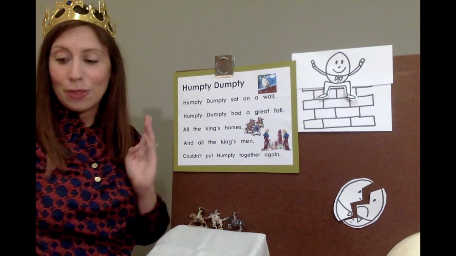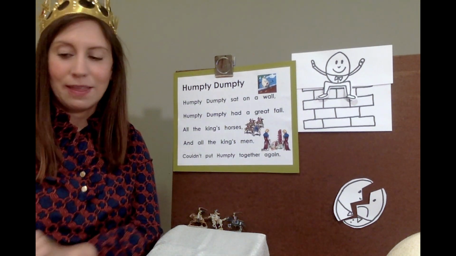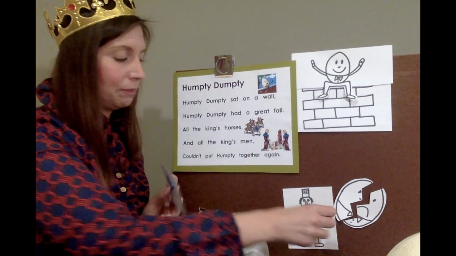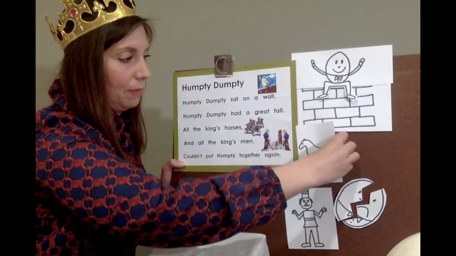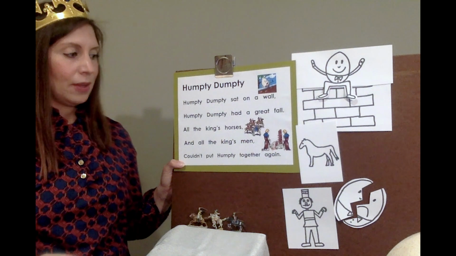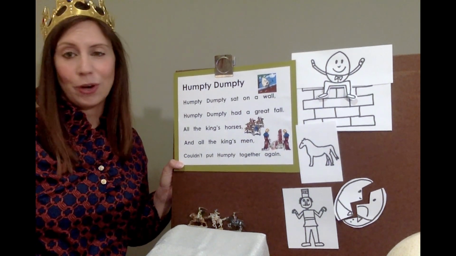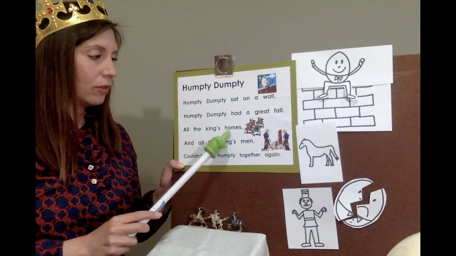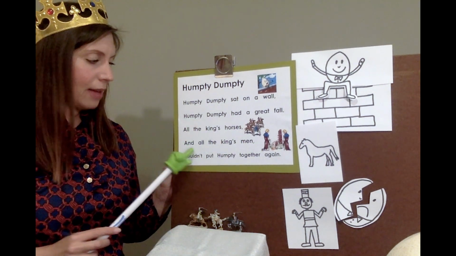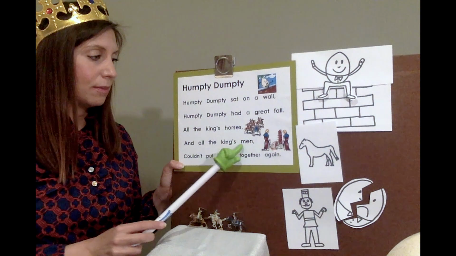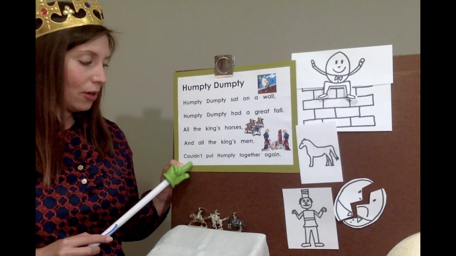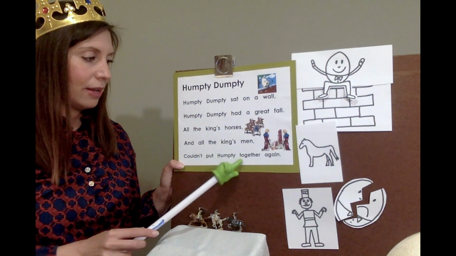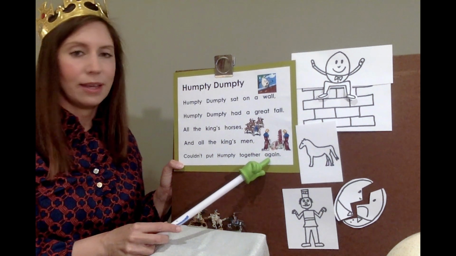Next, the king's horses and the king's men tried to put Humpty back together again, but they couldn't. All the king's horses and all the king's men couldn't put Humpty together again.